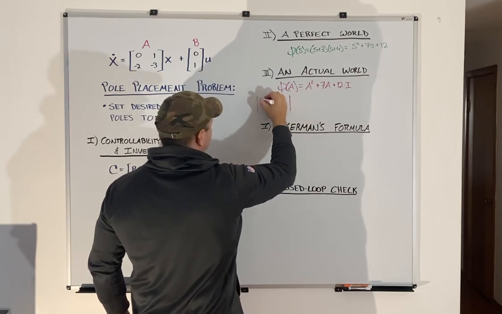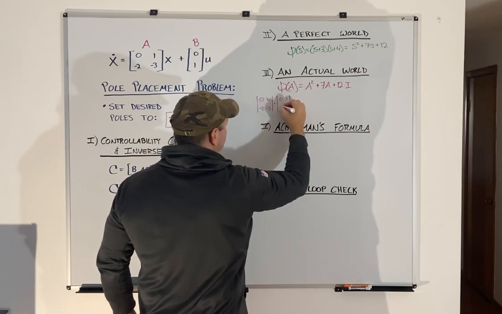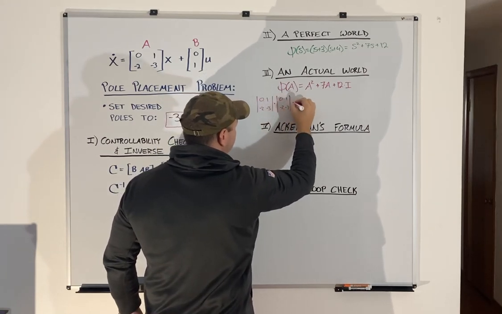A is [0, 1; -2, -3], times [0, 1; -2, -3].